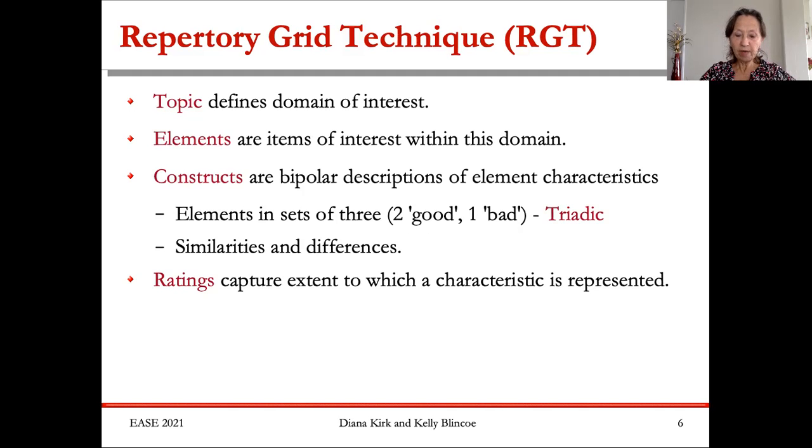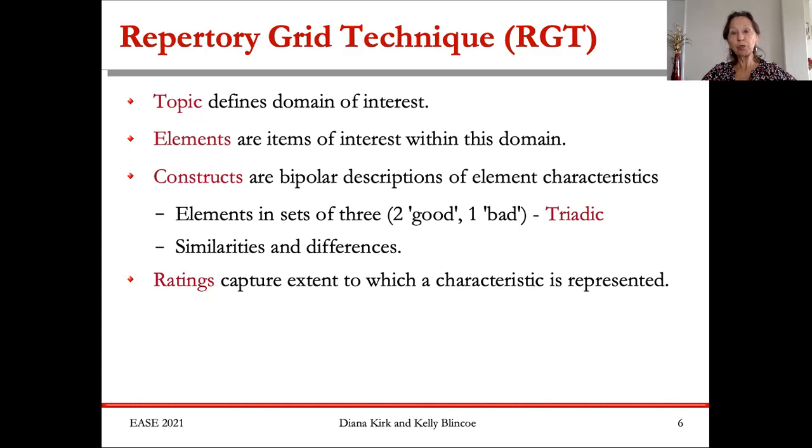And so the way that you carry out a study to elicit constructs in an RGT study is to ask the participant to choose, say, 4 or 6 elements, half of which are perceived as having been successful, having gone well, being good, and half of which are perceived as being unsuccessful or bad.